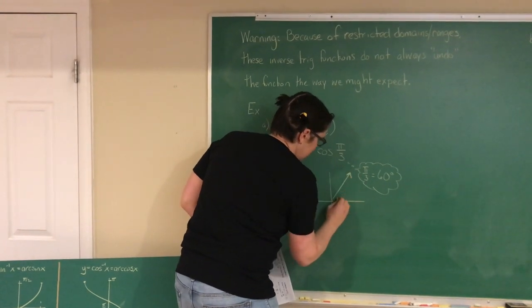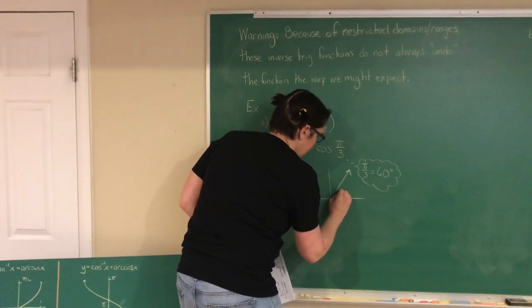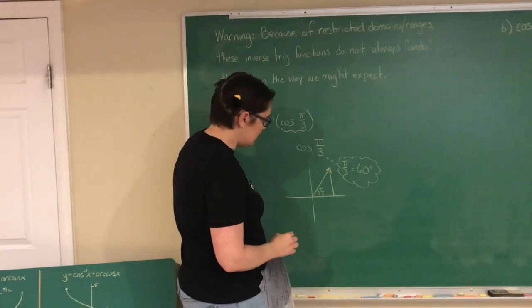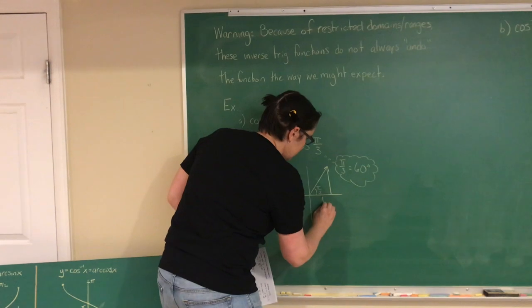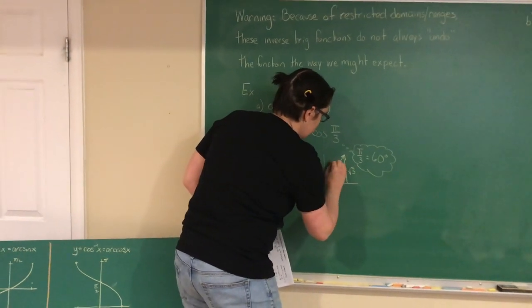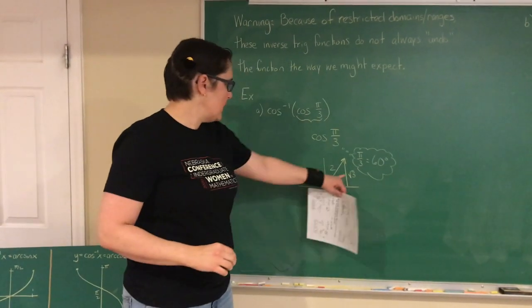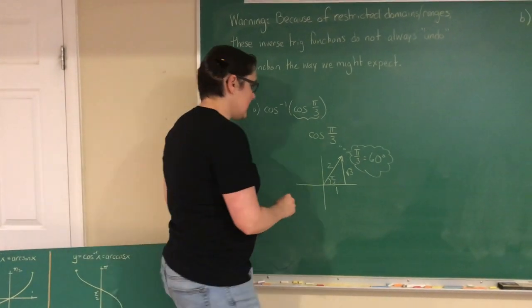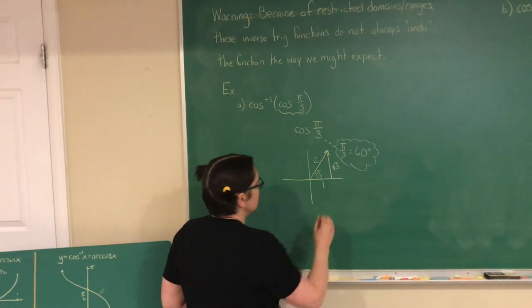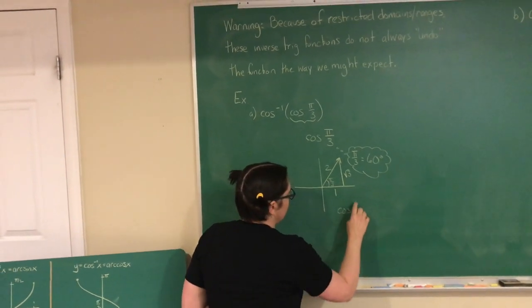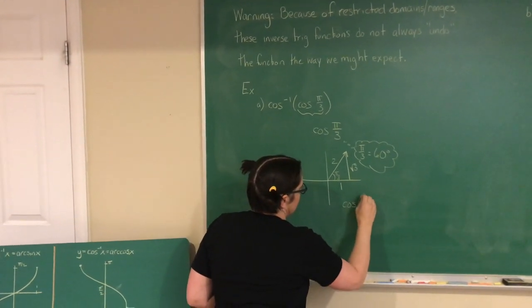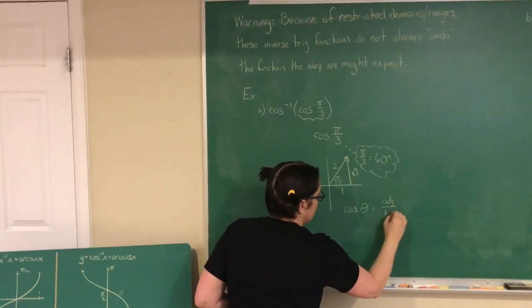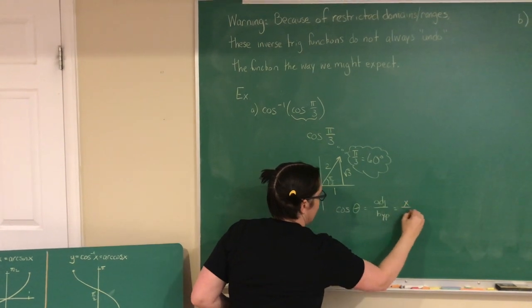Here is an angle of pi over 3, or 60 degrees. And if I have a 30-60 right triangle, then my sides are 1, square root of 3, and 2, with the square root of 3 being opposite of the 60 degrees. So cosine is adjacent over hypotenuse, or x over r.